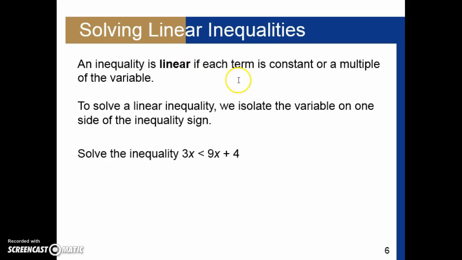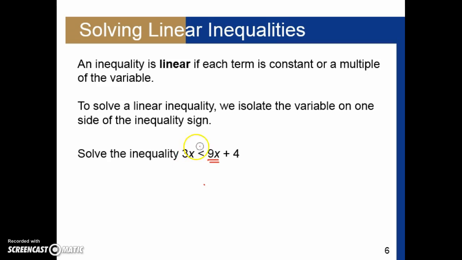An inequality is linear if it has a variable, and the variable is raised to degree 1. So we're going to do the same basic idea in solving linear inequalities that we do in solving linear equations. We want to gather like terms. So I have 3x here is less than 9x plus 4. There are many ways that this can be done. Probably a good process to go through is to keep the positive value.